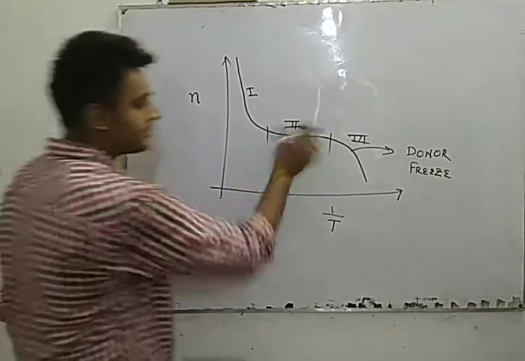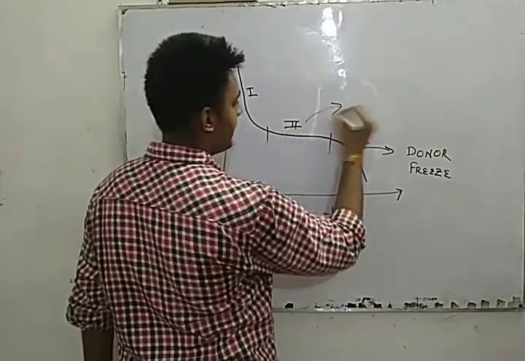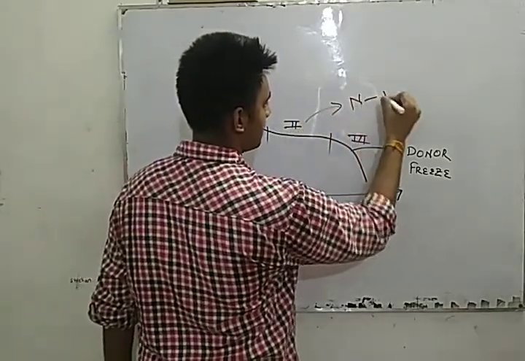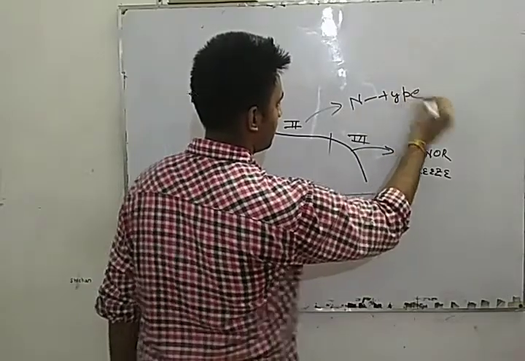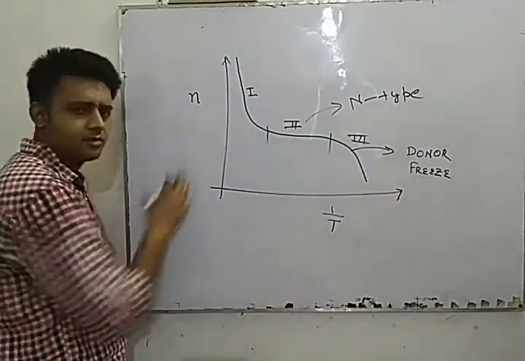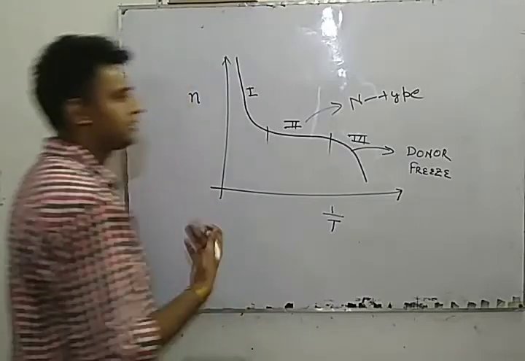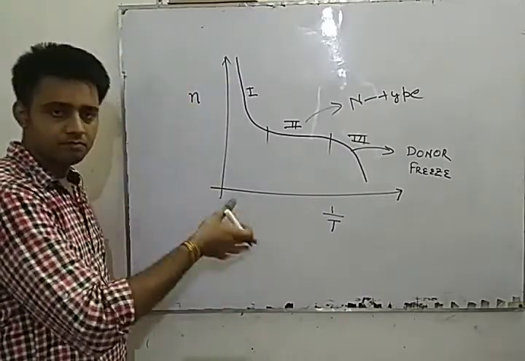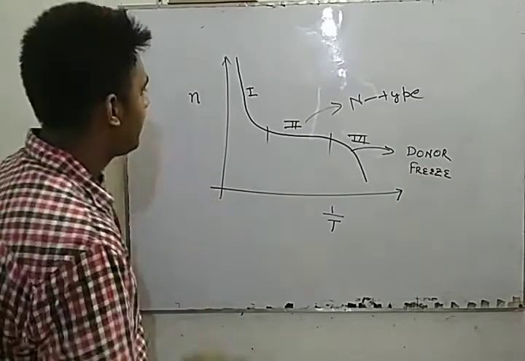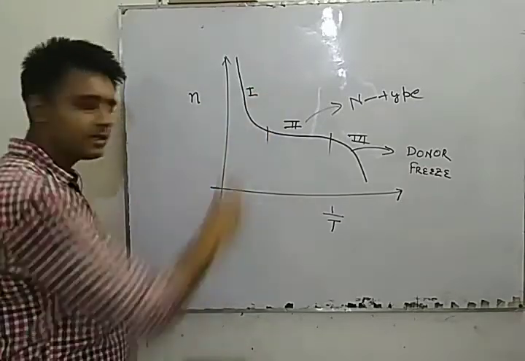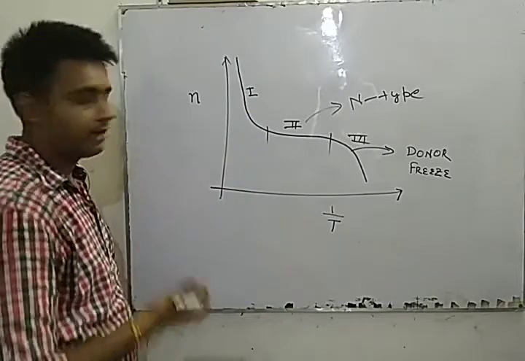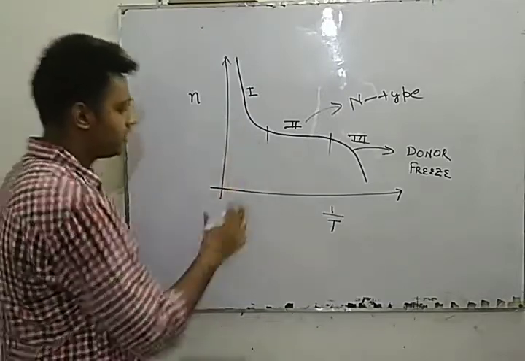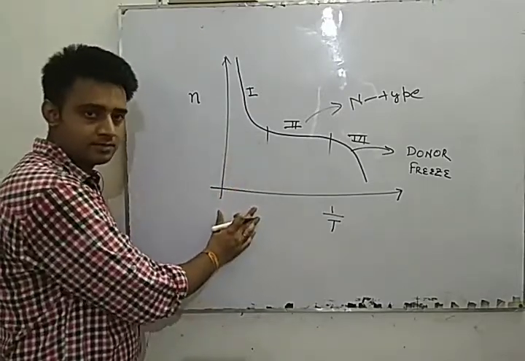So that's why in this region the semiconductor is n-type. Why is it n-type? Because we take the graph of N versus 1 by T. The same story is reversed for the graph of P versus 1 by T. And that is region 1, a very important region that I described, where the value of temperature is so large.